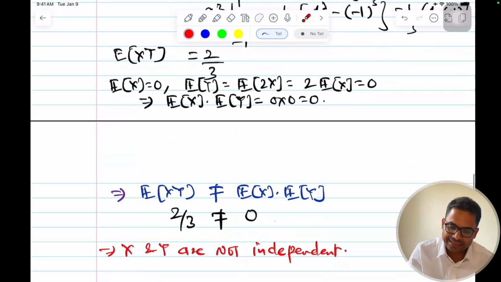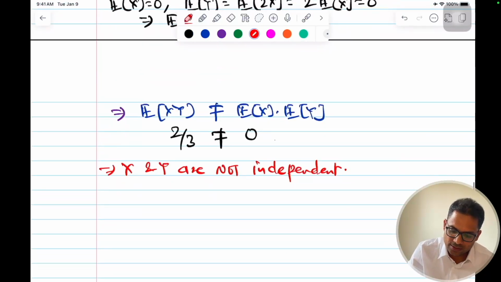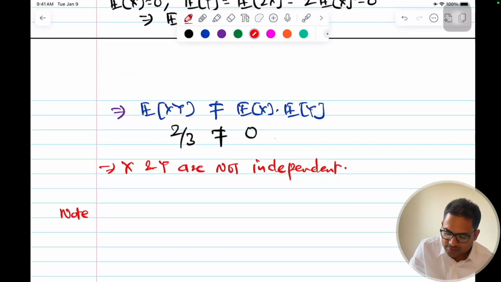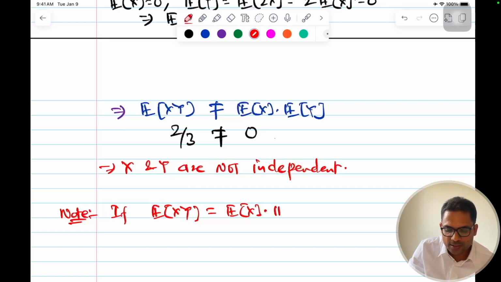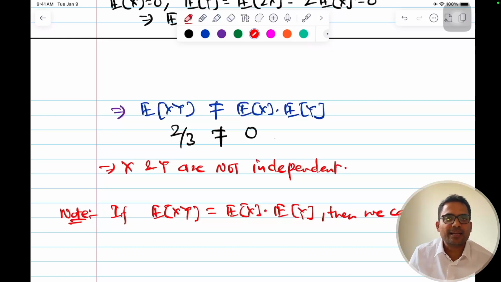But there is one more thing, so there is a note. If the expected value of xy is equal to the expected value of x into the expected value of y, then we cannot say for sure that x and y are independent.